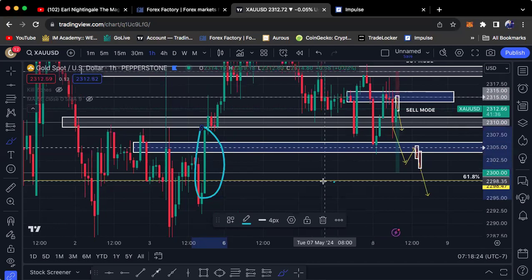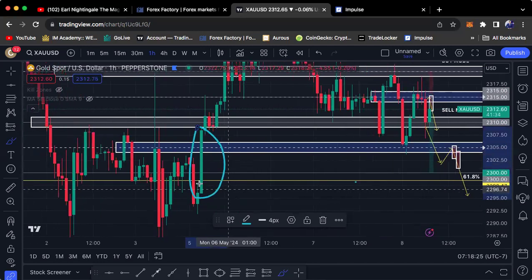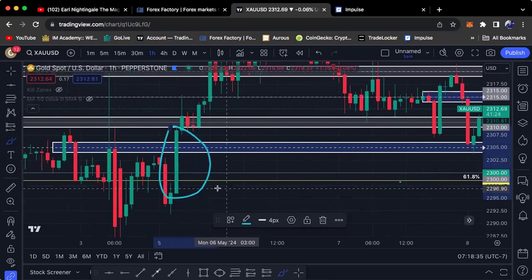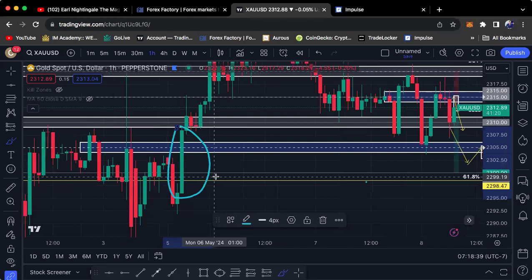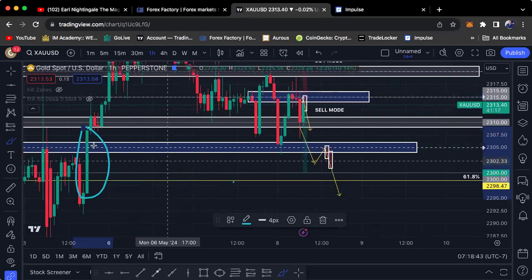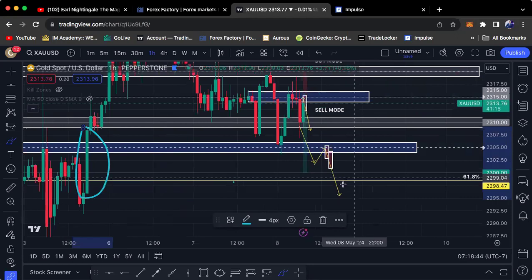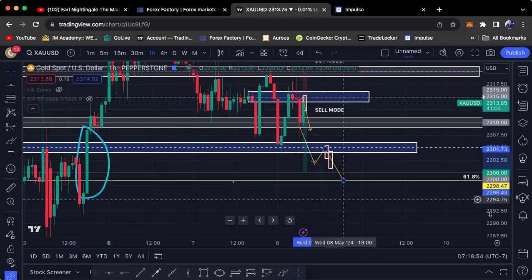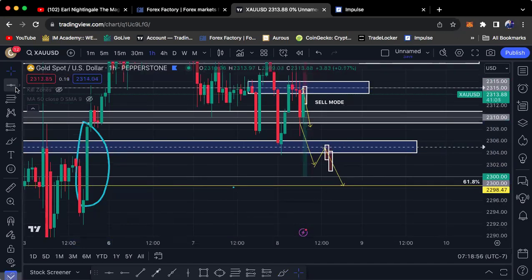61.8 right here, around this price right here. So yeah, that's an imbalance right there. Price may continue down to fill the entire imbalance, and you guys can catch a move to the upside right here and catch the move up.